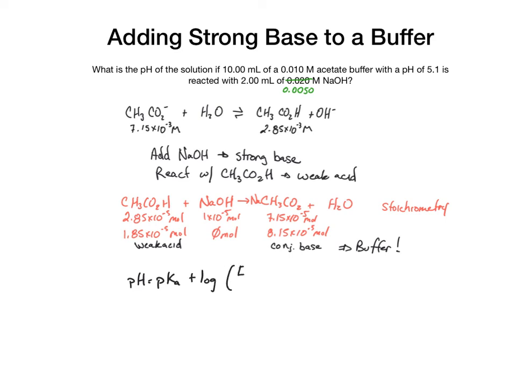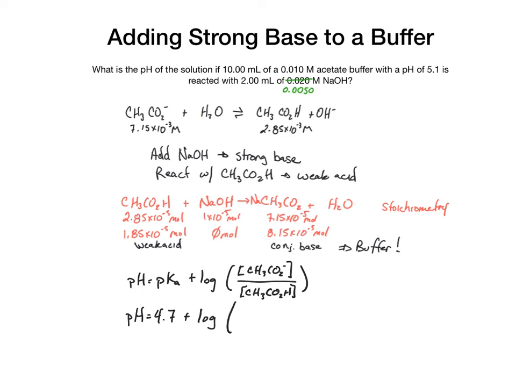Log of the concentration of the conjugate base over the concentration of the weak acid. And so the pH is equal to 4.7 plus the log.